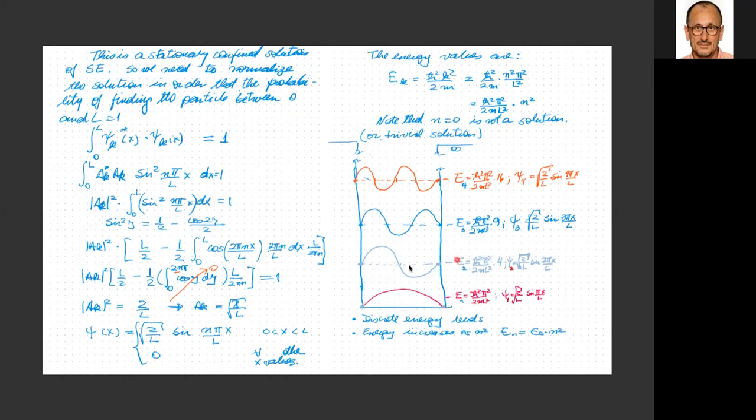Actually, this particular wave function is a sine. A sine is a linear combination of two momenta, of two values of k, one going to the right and one going to the left, that when added up, provide something like this, which has an average value of the momentum equal to 0.